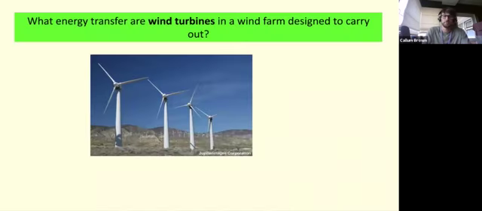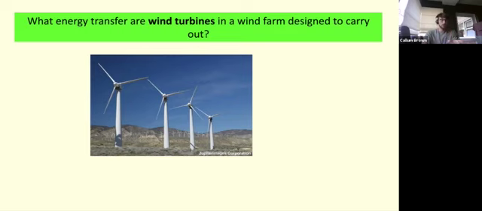Cool. Now, I've got a few more examples that we're going to go through because I'm going to have another multiple choice question for you after these. This question is, what energy transfers are wind turbines in a wind farm designed to carry out? We know that they are trying to transfer the wind energy, which is actually the movement of air particles.